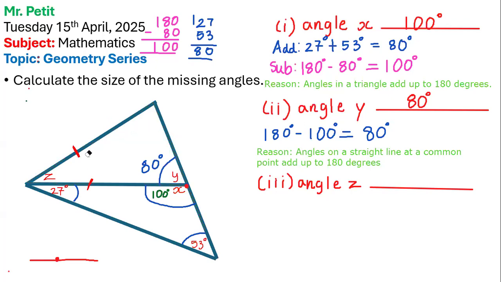Isosceles triangle: two angles and two sides are equal. Very good. So if this is 80 degrees, okay? If this is 80 degrees, then what must this side be? 80 degrees as well. Very good. If this is 80, then this must also be 80 degrees.